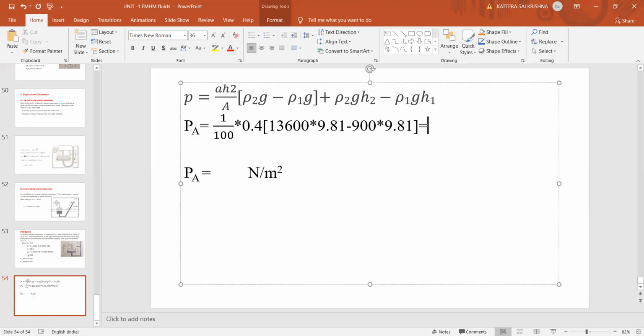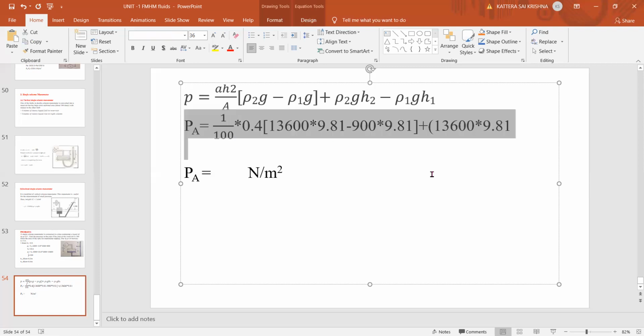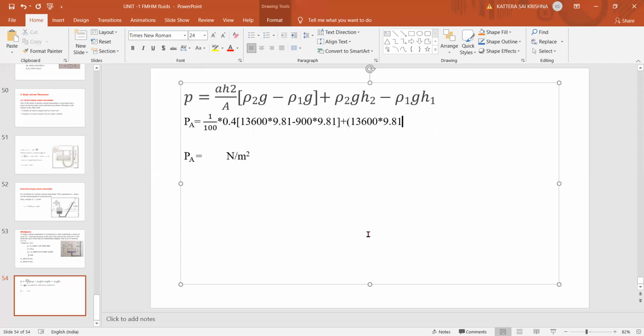Okay, first term over. Plus rho 2 into 9.81 into H2, 0.4, minus rho 1, 900 into 9.81 into H1.